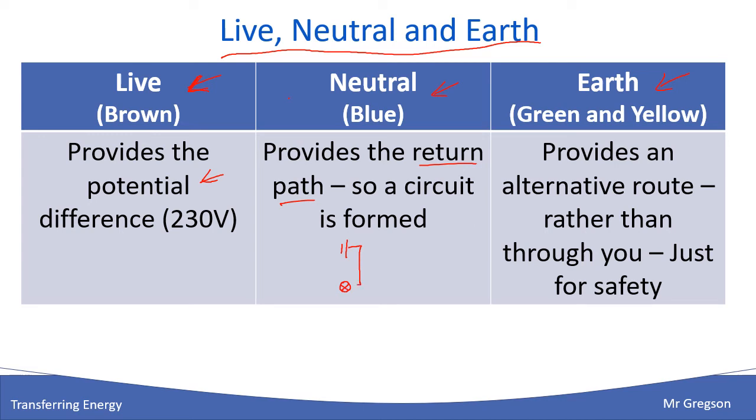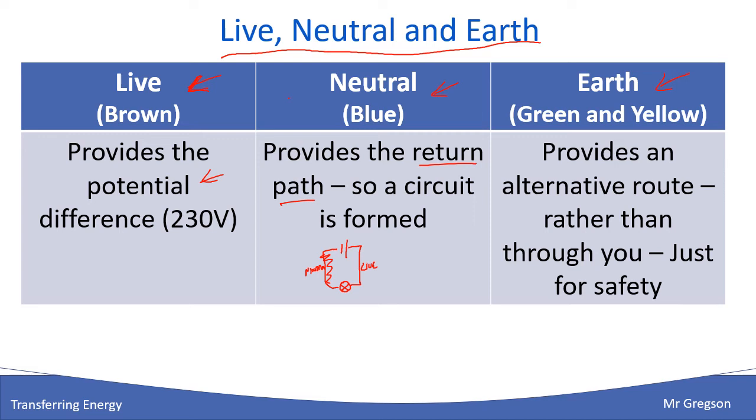We need to have our live in this side, and to get it back to here, now this isn't a proper circuit, this is a made up one, we need to have a neutral, otherwise this bit doesn't exist and therefore nothing happens. So our live is our potential difference, our neutral is the path back.